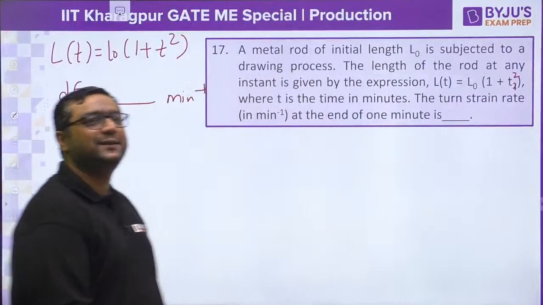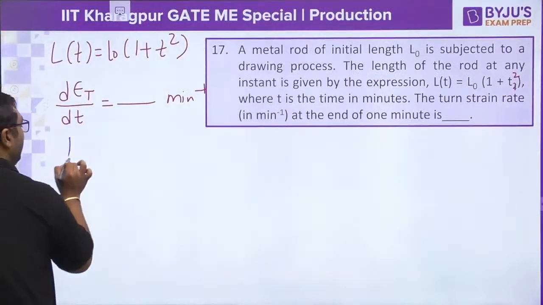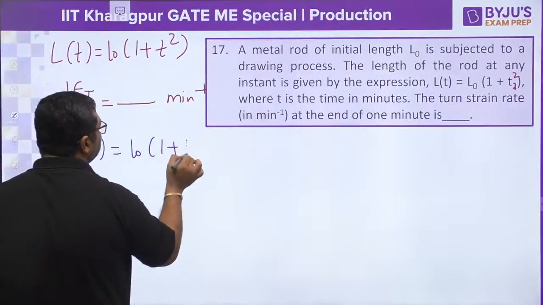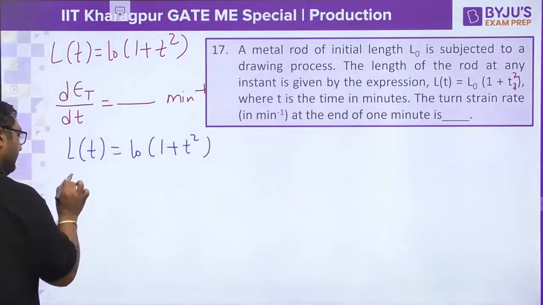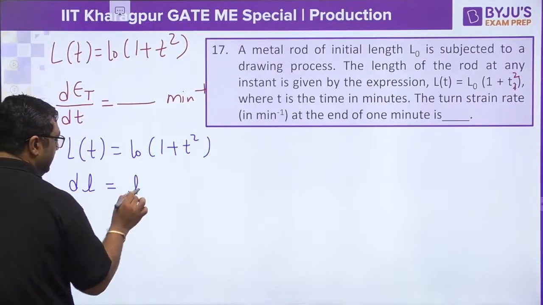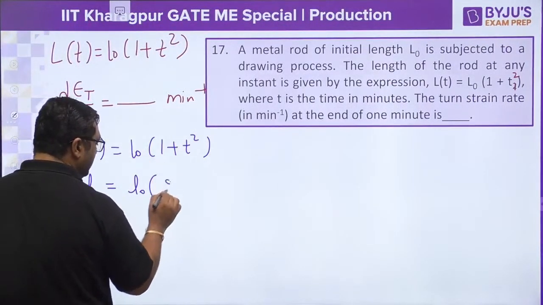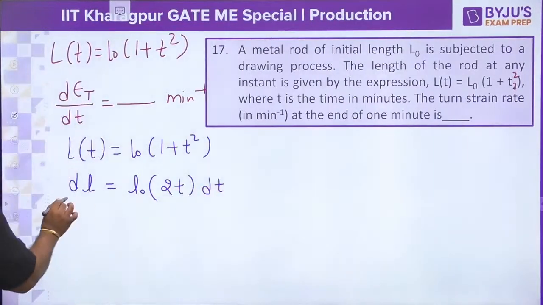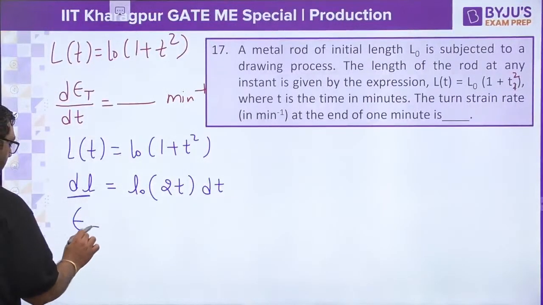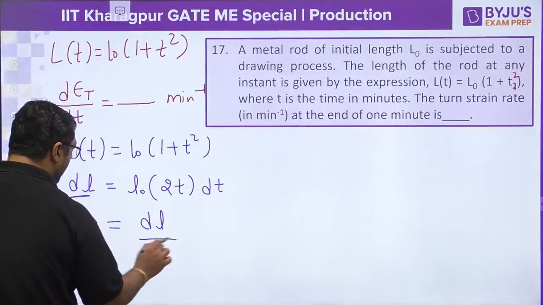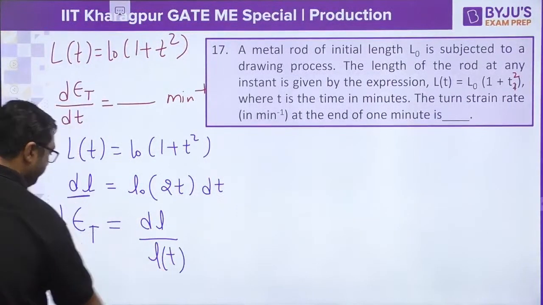What about others? So L as a function of time is L naught into 1 plus t square. We will differentiate: dL is L naught into 2t dt. My dear, you know that strain is defined as dL upon L as a function of t.